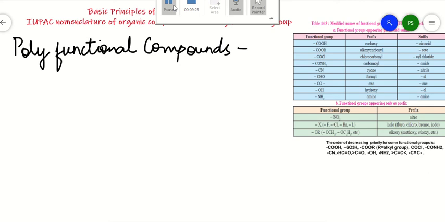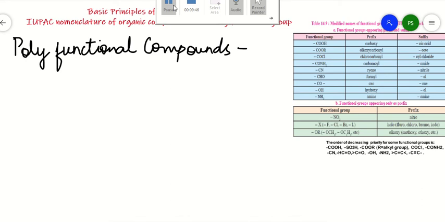And when two functional groups are there in one compound, while writing the IUPAC name, we need to take care that both the functional groups' names, either in suffix or prefix, are there in the IUPAC name of that compound.